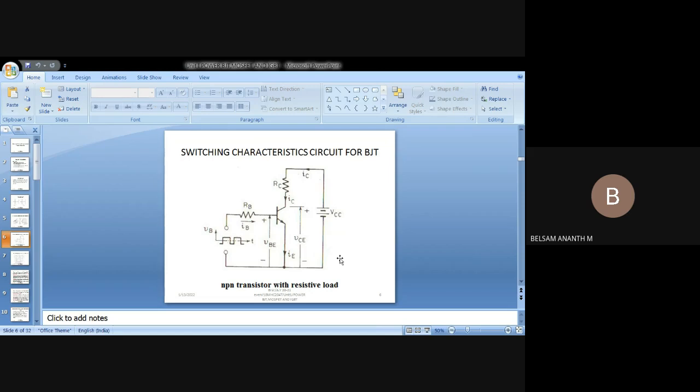If the load utility is more, if the application perspective of my load is more, and here by load I mean the output side, then depending on my load I will decide about my input values and other things.